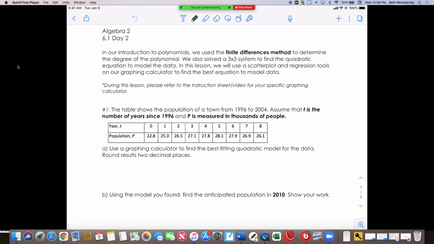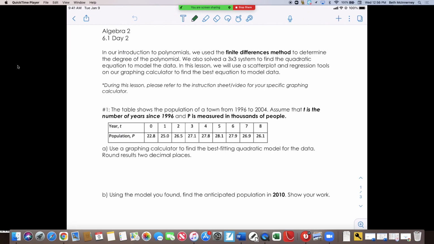Does that make sense? And if I go to year 2004, 26.1, what's the population then? 26,100. Does that make sense? So when you're given a table of information, you do want to pause and think about what is represented, okay?